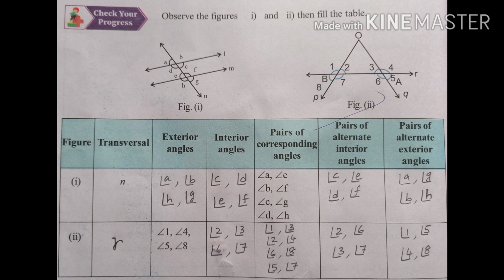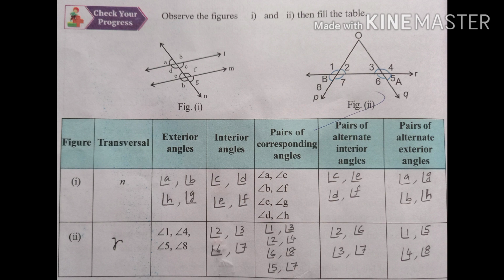Pair of alternate interior angles. Interior means inside, either side of the transversal. The angles which are inside of the lines OA and OB and either side of the transversal are, what are they? Angle 2, angle 6, angle 3 and angle 7.